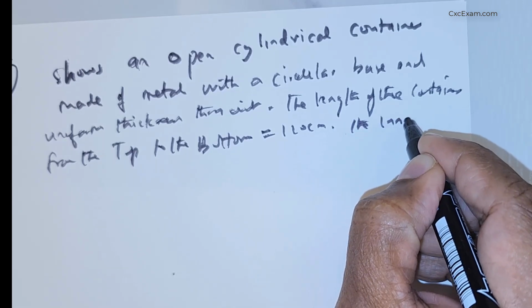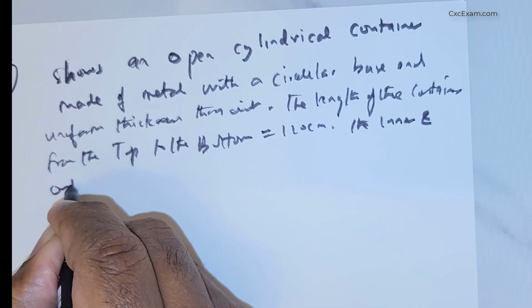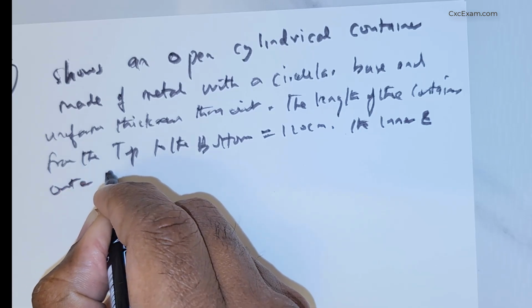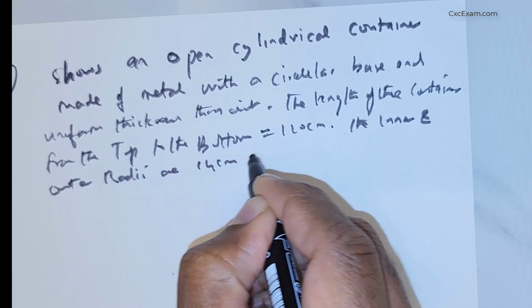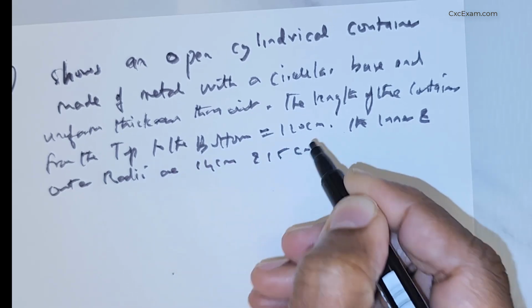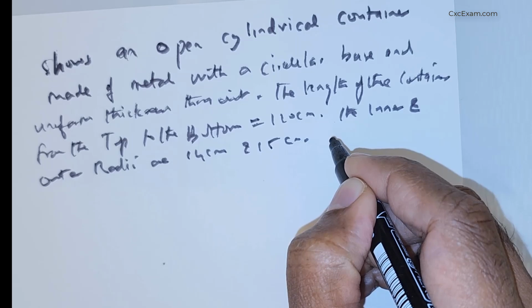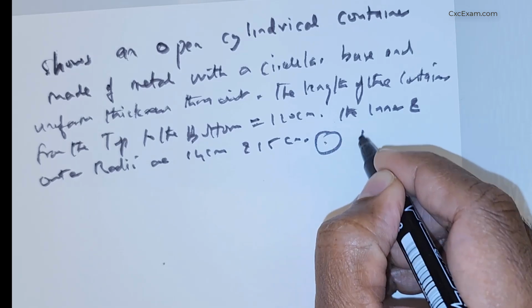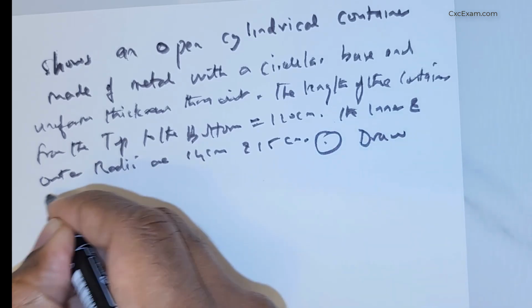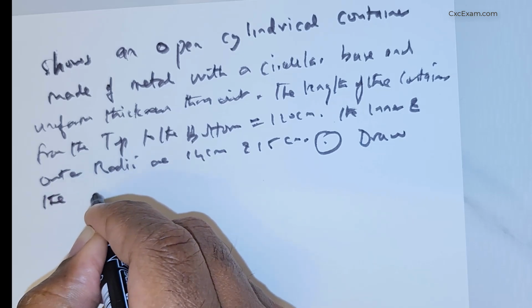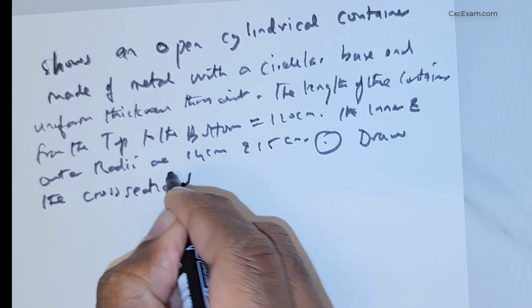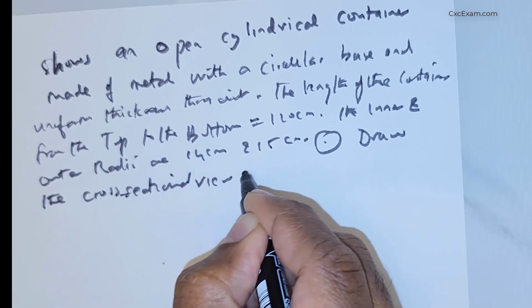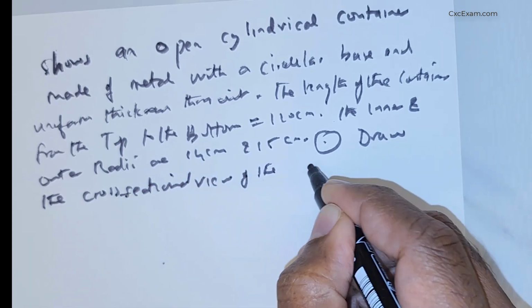The inner and outer radii are 14 cm and 15 cm. Now, the first question is to draw the cross-sectional area, or I would say the cross-sectional view of the container.